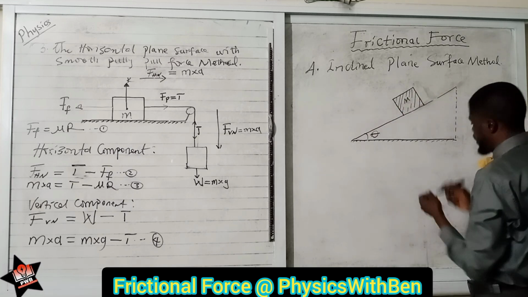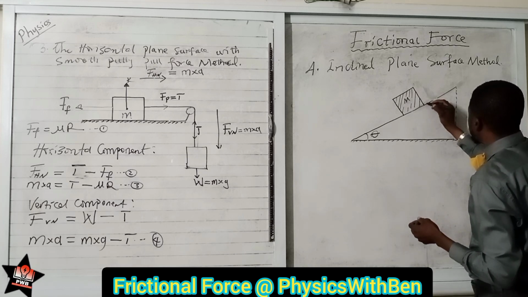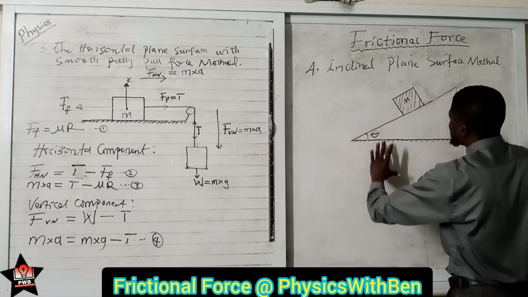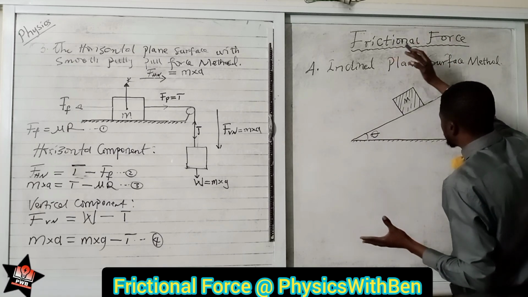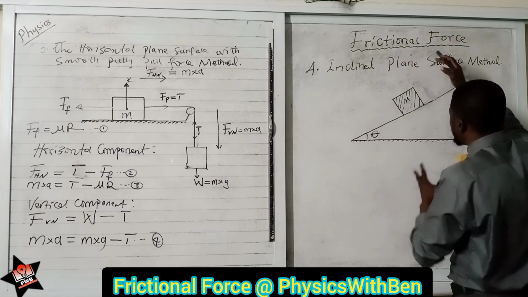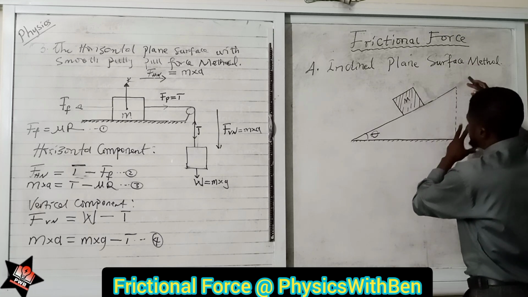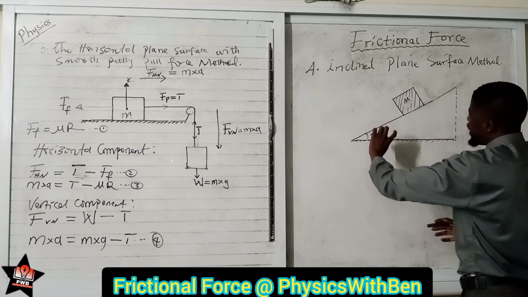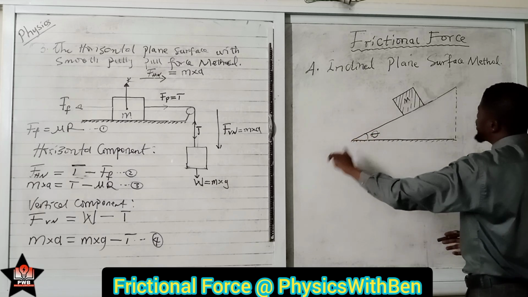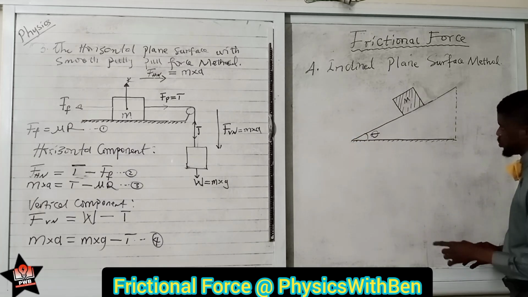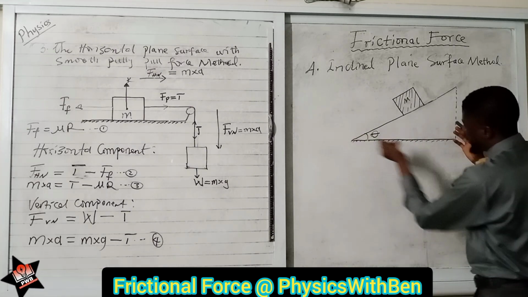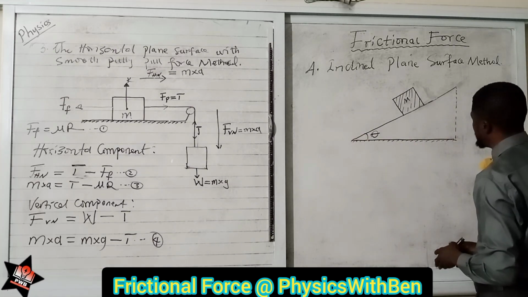And as we said, if you increase the angle, you are going to increase the chances of this guy to slide down. So what happens here is that an increase in the angle decreases the frictional force. The frictional force is overcome when the angle of inclination is increased.